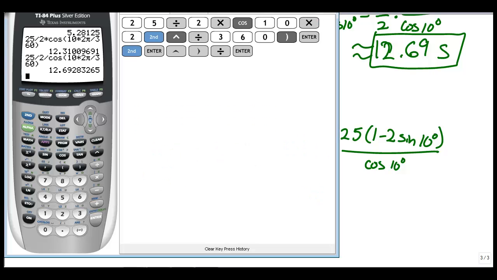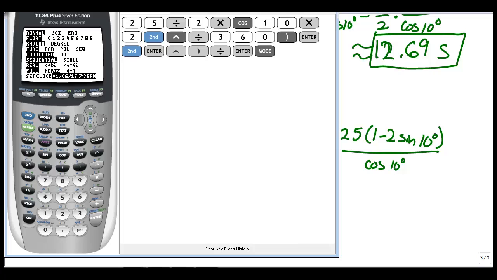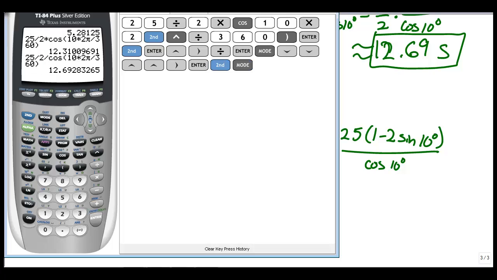So let's go back and do this. Now I'm going to change my mode, this time to degree. There's degree mode. And so this is my expression.